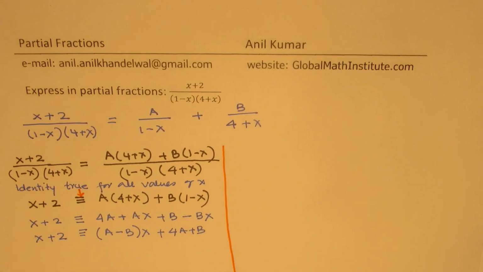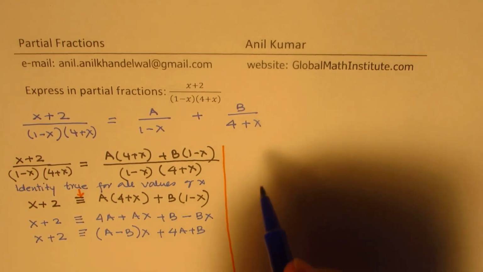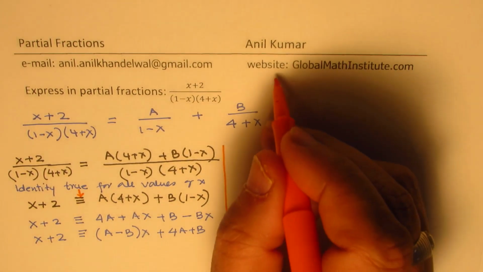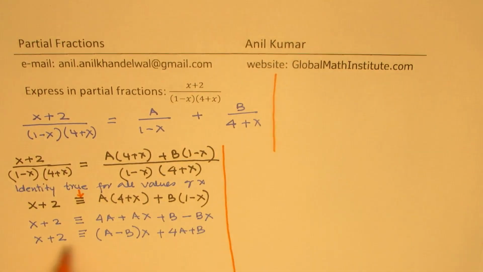Now that really means that this could be true if a minus b is equal to 1 and 4a plus b is equal to 2. Do you get the idea? Right? So this is true when, let's take it over on this side. So we're going to solve this equation.